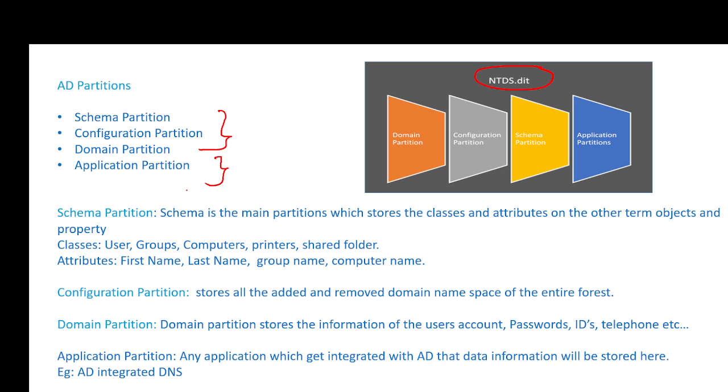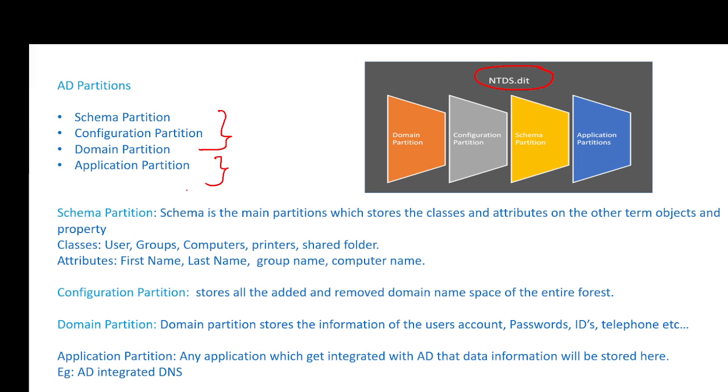If anything gets added or removed, such information will be stored in the configuration partition. Also how many offices, how many sites, how many subnets there are, all that information is stored in the configuration partition. Sites means, say you have a Bangalore site, a Hyderabad site, a Delhi site. Sites are nothing but physical locations where your business sites are, and that information will be stored in the configuration partition.